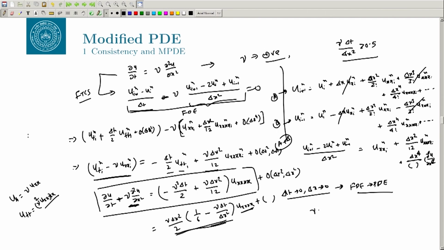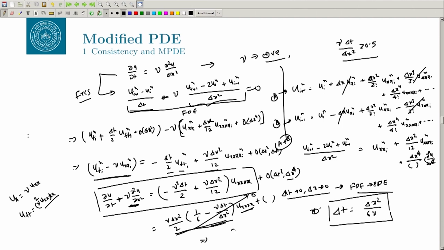But what you can say from this equation, this modified PDE, is that if you use delta t such that delta t is equal to delta x square by 6 nu, then this term will get cancelled out, okay, and you will get an equation in which the spatial discretization error is of order delta x to the power 4, right.